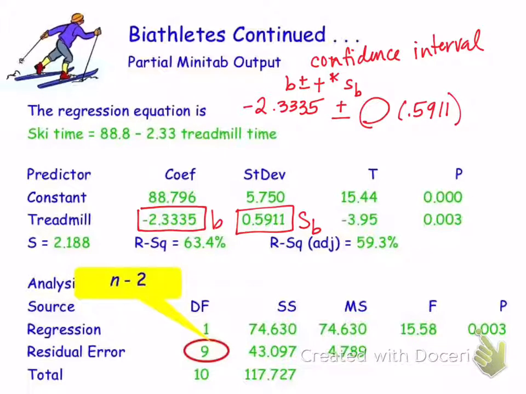0.5911. So to get my T star, I'm going to do inverse T in my calculator. So let's go to that really quickly. Inverse T. Let's say we're doing a 95% confidence interval.